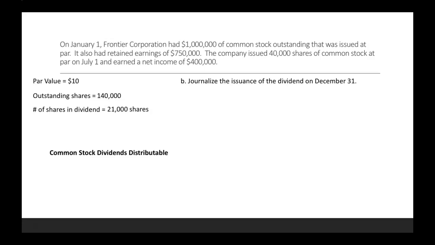So we'll decrease that distributable account. And then what are we handing out to people? Common stock, right? We are handing out stock. So we'll credit our common stock. And where do we get these numbers from? It's the 210,000 that we had in our declaration journal entry.